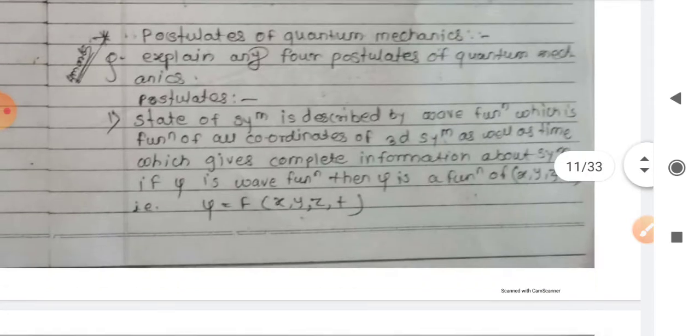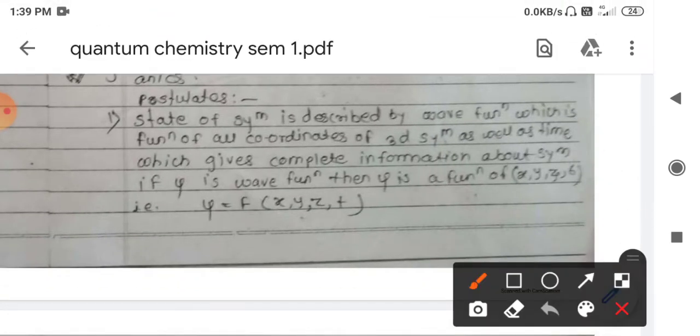Postulates are rules which don't have proofs. We cannot prove them, but in order to explain the phenomena that we observe, we make certain assumptions.